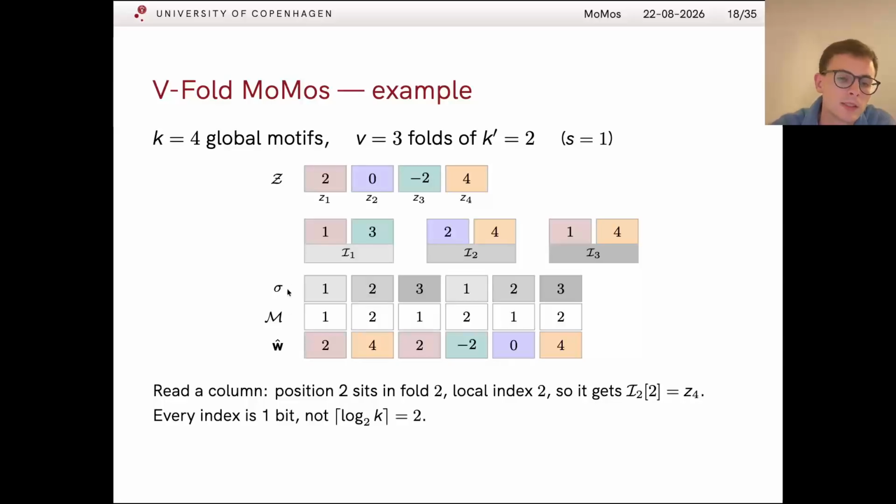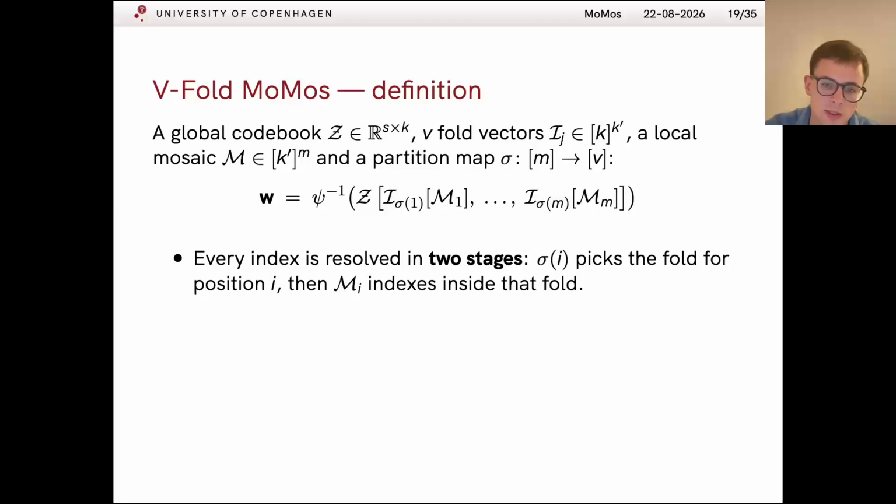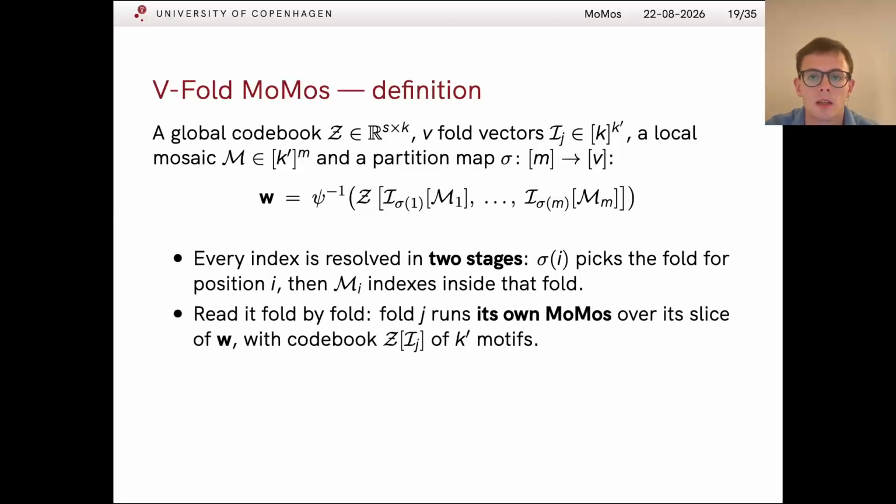And notice that the sigma function is also a constant size function, and so it doesn't cost in terms of Kolmogorov complexity. You can also consider this technique as using sigma to partition the blocks into folds, and then you apply a MoMos parameterization in each partition, but you constrain all the different MoMos parameterizations to have a shared global codebook.